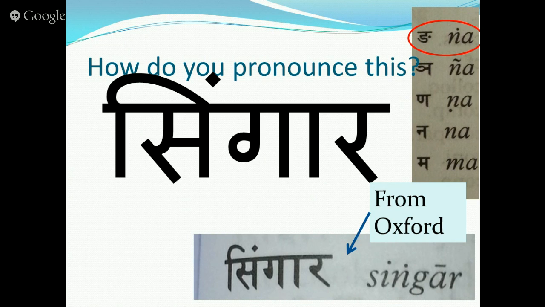And so there is no nasal vowel in this at all. It is just an N conjunct with ga. And so this is pronounced, you say it first, singar, singar. Very good.